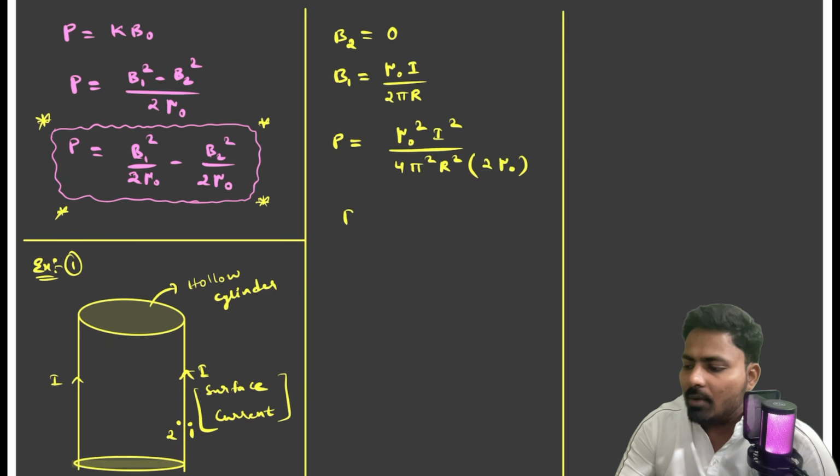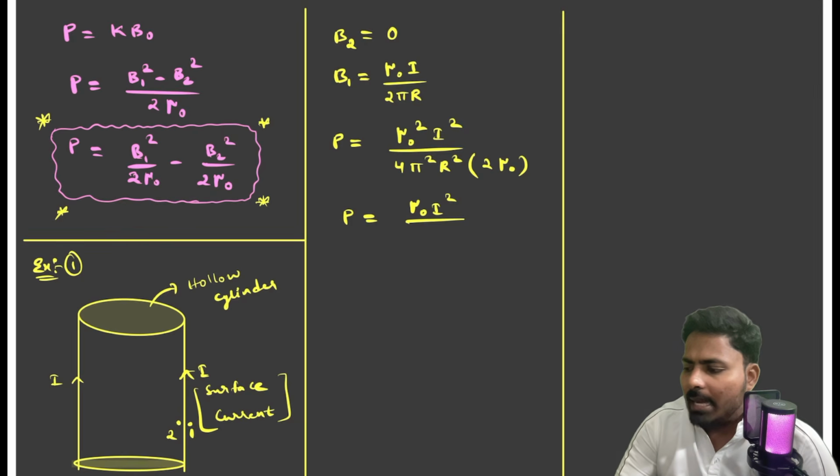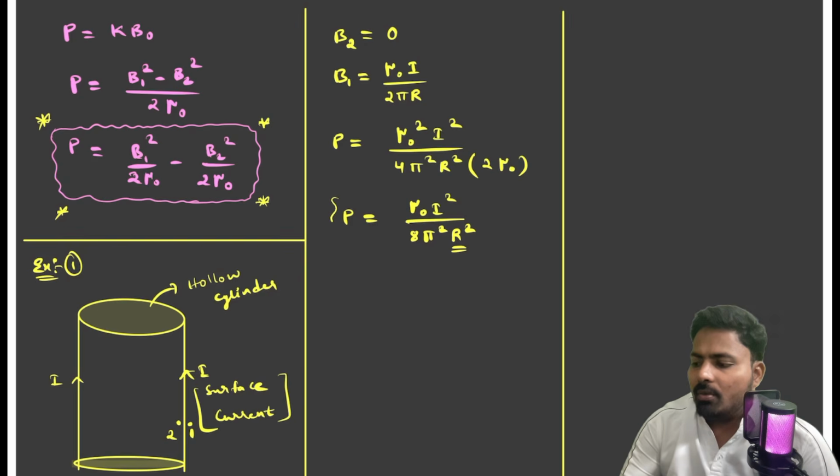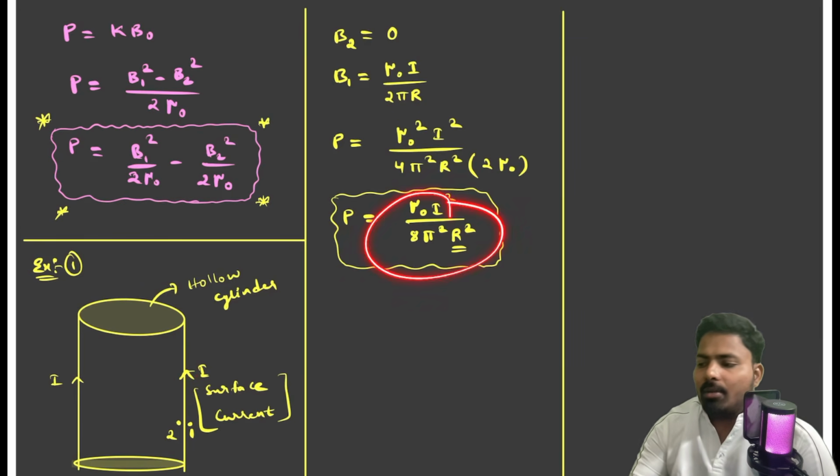The mu naught cancels, so P equals mu naught I square by 8 pi square r square. This is the pressure on the surface of this hollow cylinder carrying a uniform current I. We got this directly by using the formula.